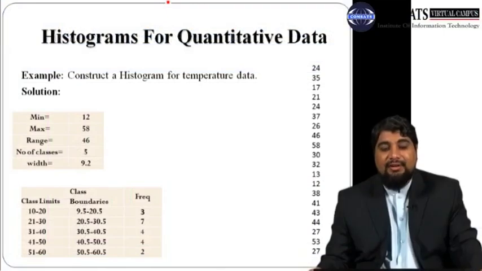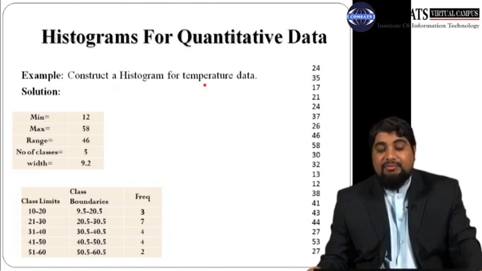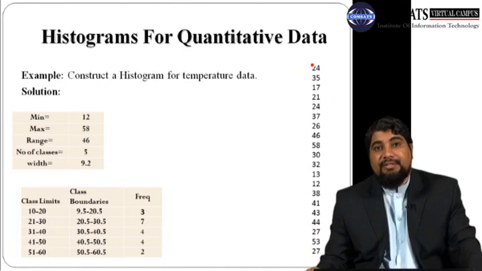Now let us discuss how to construct histograms for quantitative data. Let me explain the idea of a histogram with the help of an example. Consider the example which states: construct a histogram for the temperature data. Here is the data which we have discussed in our previous lectures.